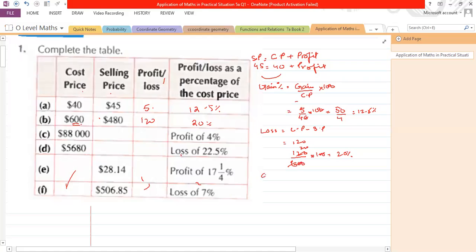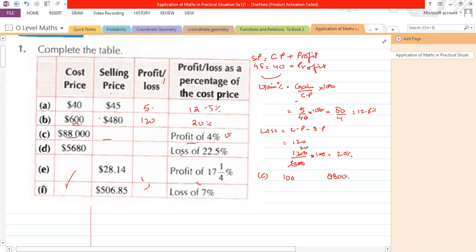Now this part C could be done in many ways, but see, here we have got the cost price and the profit percentage. We can do it in many forms. So you can say that if profit is 4%, then 100% is 88,000, right?